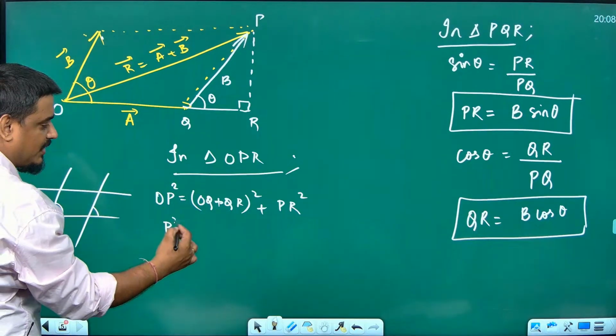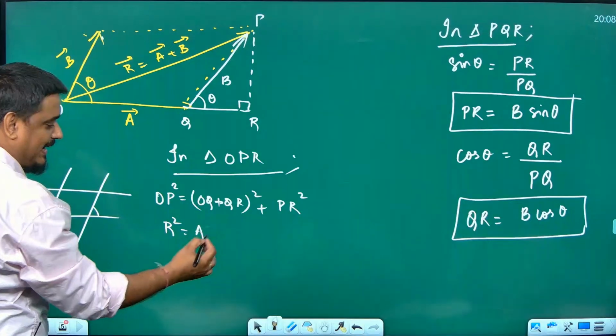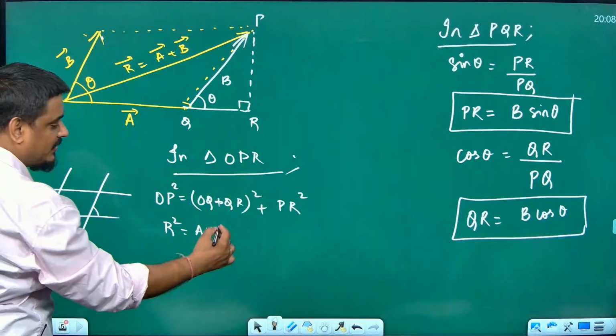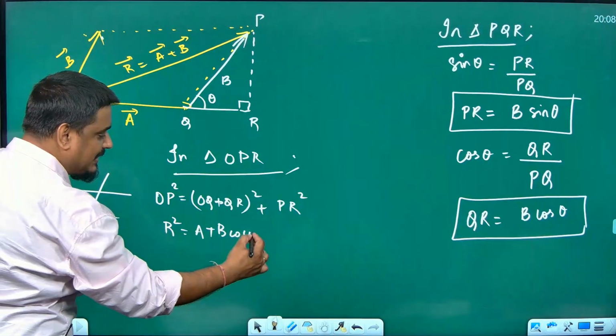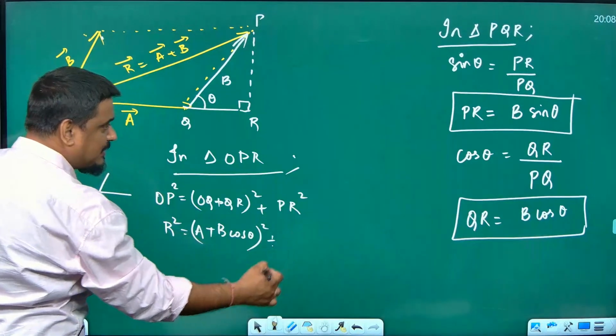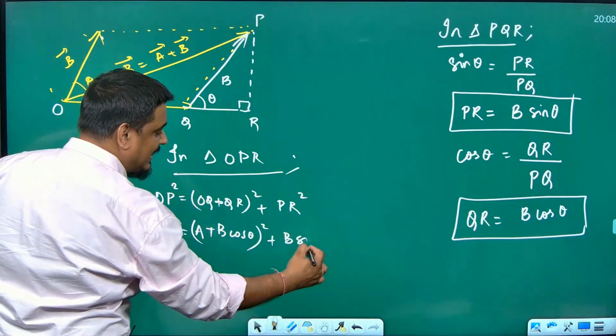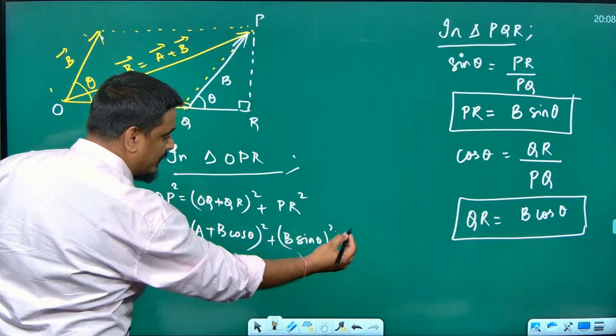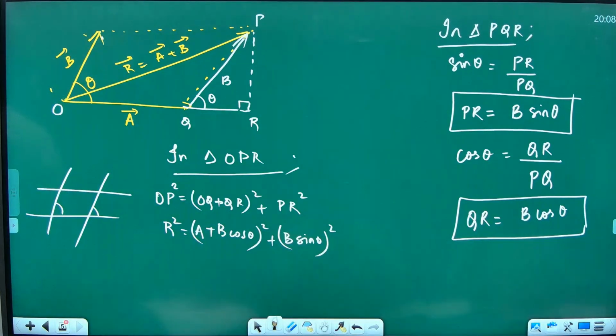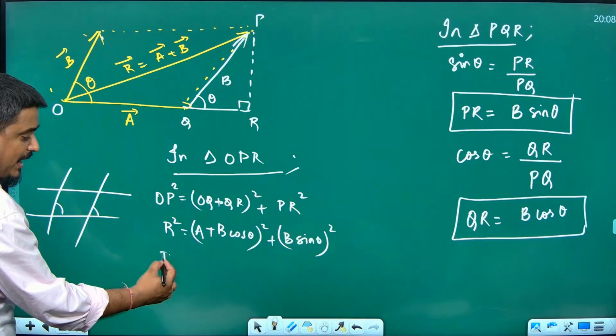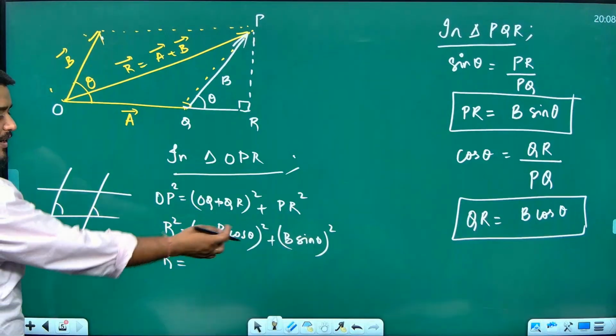R. What is OQ? A. What is QR? B cos theta, whole square, plus what is PR? B sin theta, whole square. So if I proceed further, R square is equal to, what is A plus B the whole square?